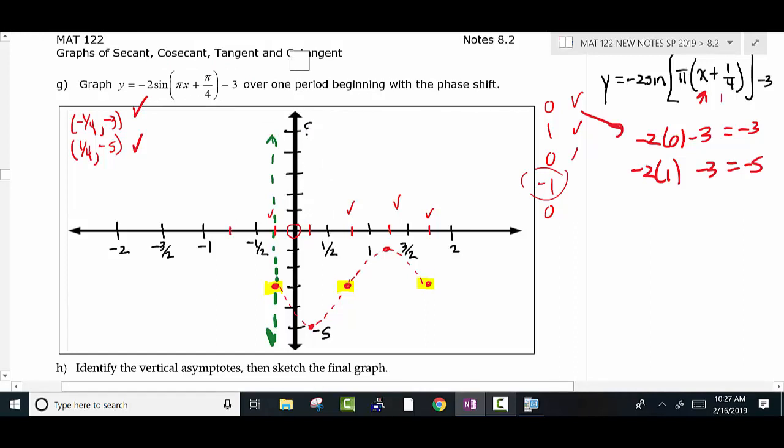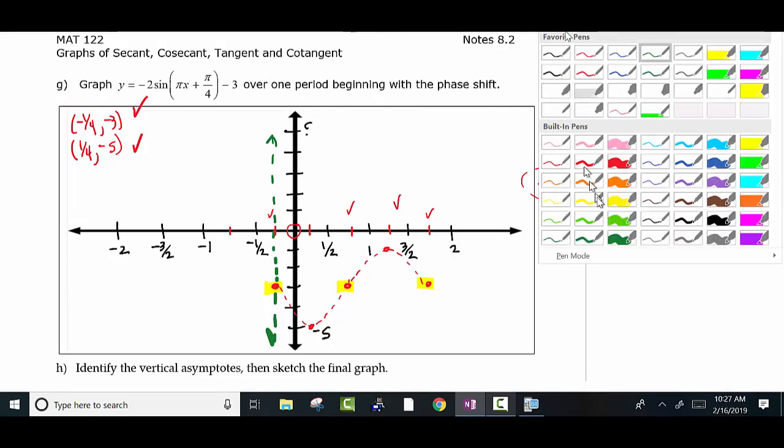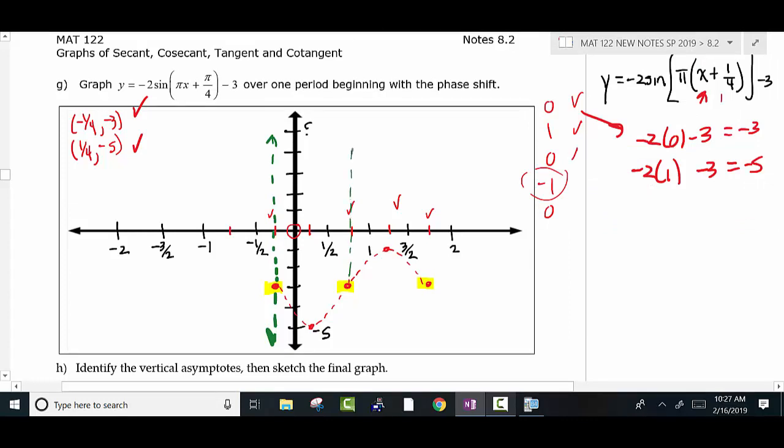You got to go through a midpoint. So the next one goes through 3/4 actually. Okay, so I'll take that one through 3/4. And then the next one will go through here. And then we got it.